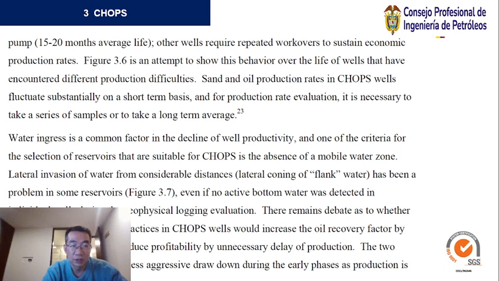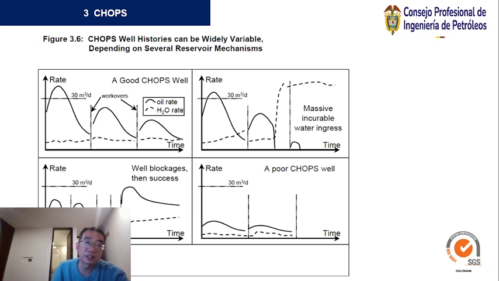The two options are implementing a less aggressive drawdown during the early phases of production, or capping the production rate deliberately at a value below the maximum short-term rate that the well can sustain. This figure shows CHOPS well history can be widely variable depending on several reservoir mechanisms.